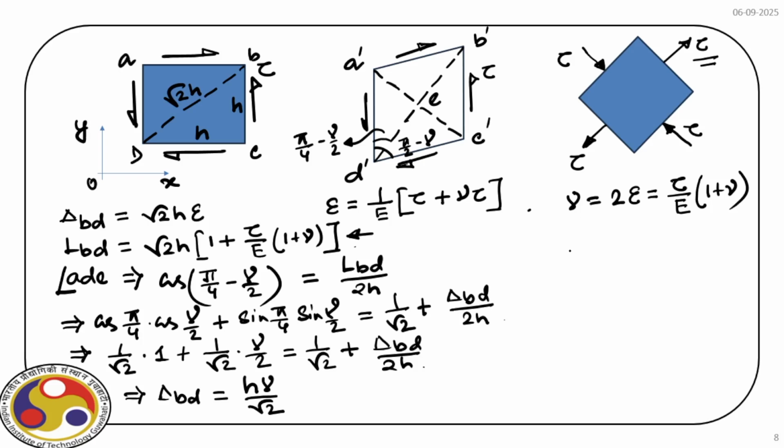So effectively what we get, we can express total strain as gamma by 2, which is equal to 1 by E, or tau by E, times 1 plus nu.